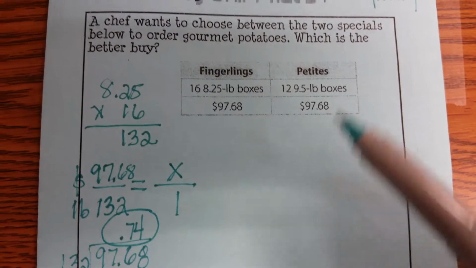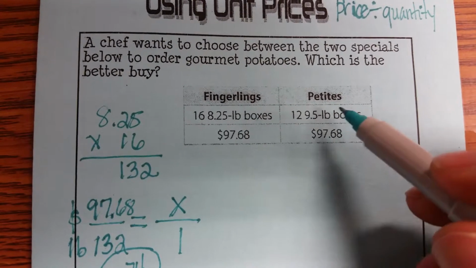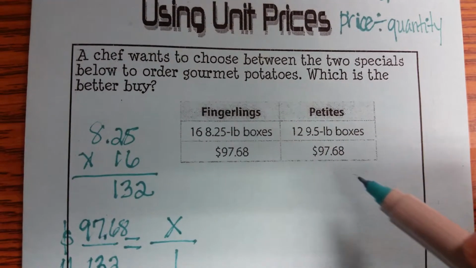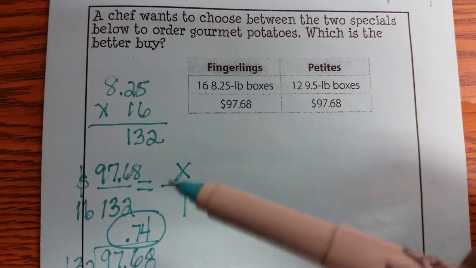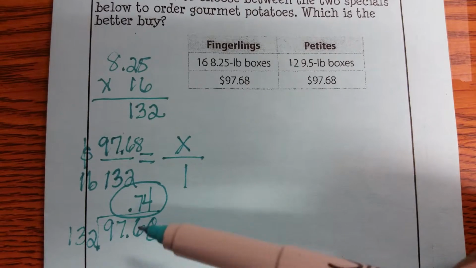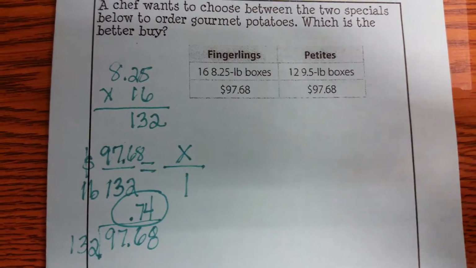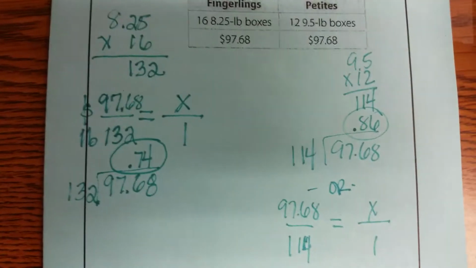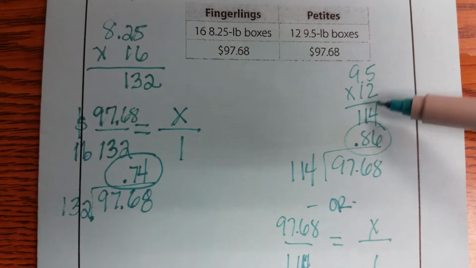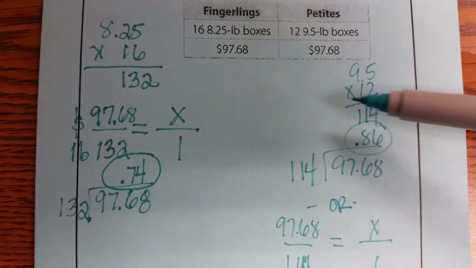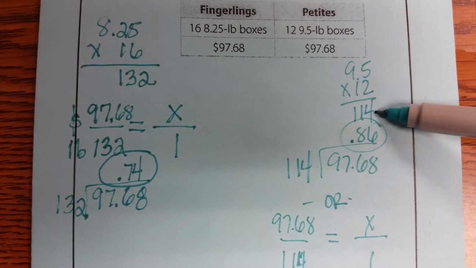Okay, so now what I want you to do with your partner, I want you to go ahead and figure out what Petites would be by using the same technique, either by percent proportion, by unit rate, or by taking the price and dividing it by the quantity. Okay, so what you should have done first is try to figure out what the quantity was for the 12 9.5 pound boxes. You should have gotten 114.